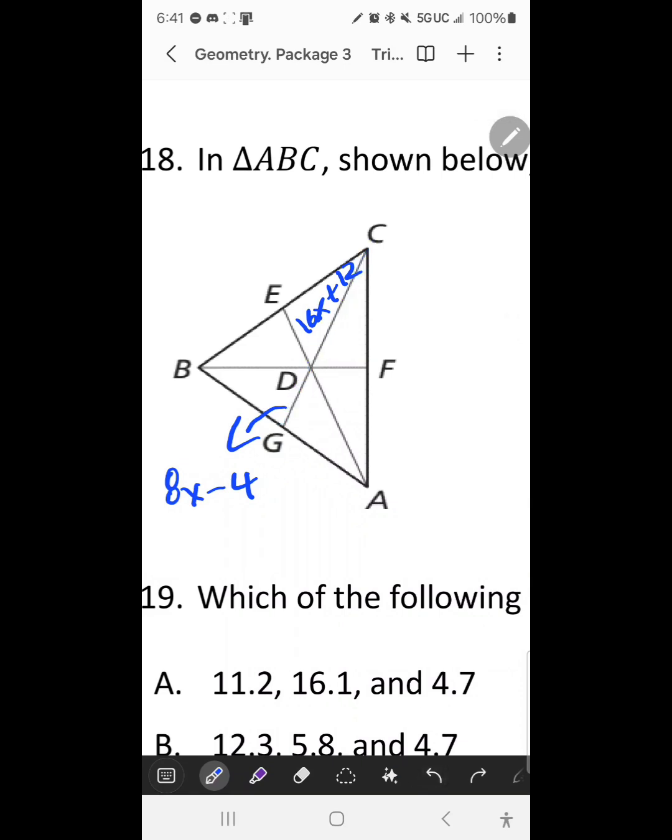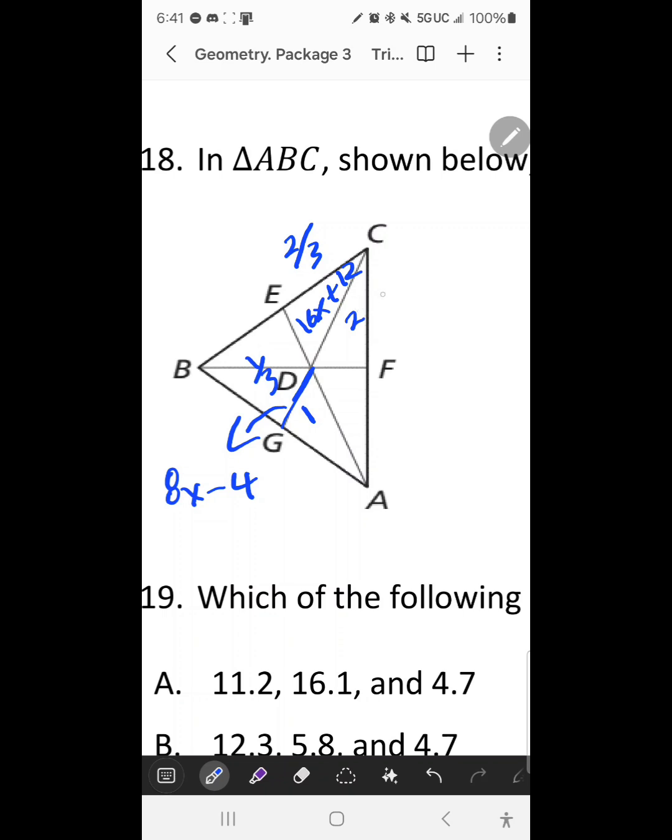As I know, this is going to be 1/3, and this is going to be 2/3. So this one is technically half of this one. So 2 of this and 1 of this.